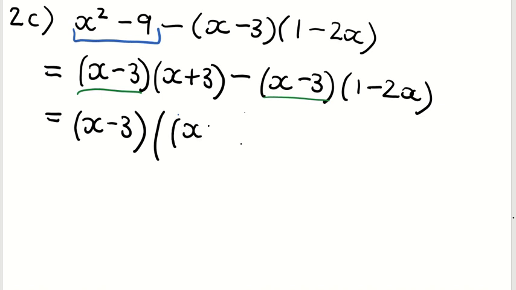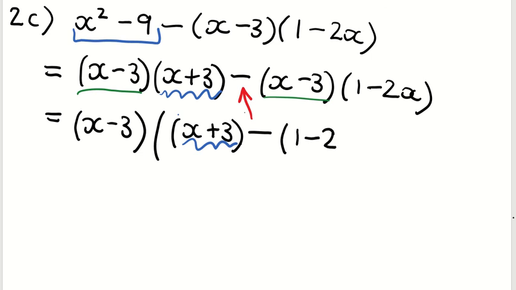We are left with x plus 3. I get that from there, the x plus 3. And then also, I am left with minus, remember there was a minus 1 minus 2x.